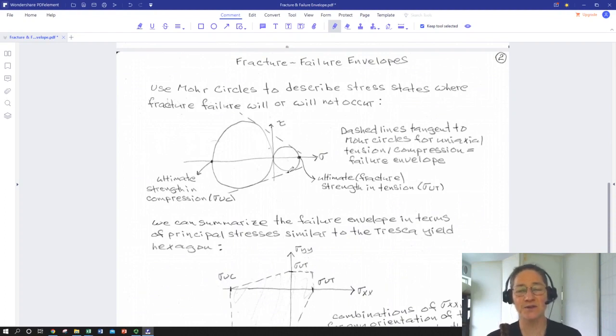And so these two circles represent the results of a tensile test, in the case of the little circle, and compression testing on a brittle material, to failure. So we're yanking on the material. We haven't applied any shear stress, so our applied stresses are our principal stresses.